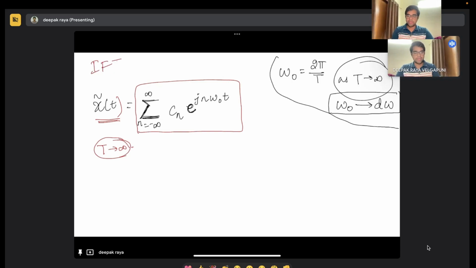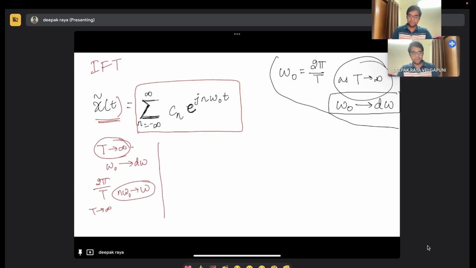As T tends to infinity, omega naught tends to be small, it tends to d omega. We have seen that omega naught is 2 pi by T. As T tends to infinity, omega naught becomes smaller and smaller, and n omega naught becomes omega, a continuous variable.